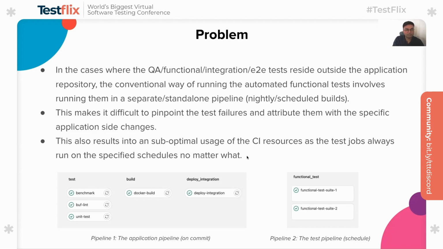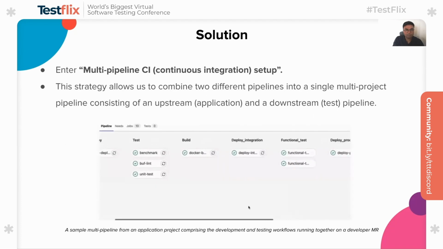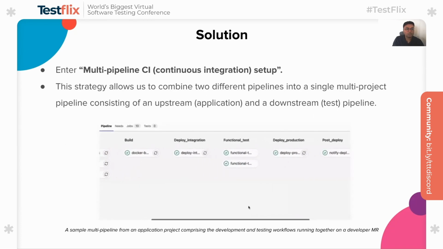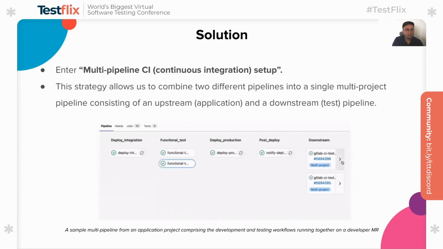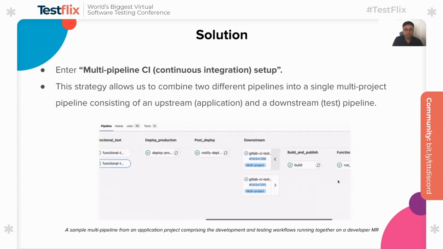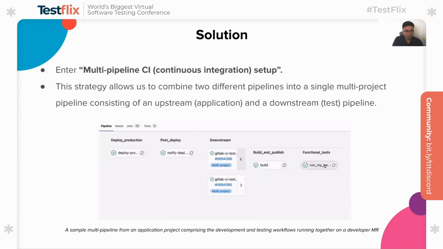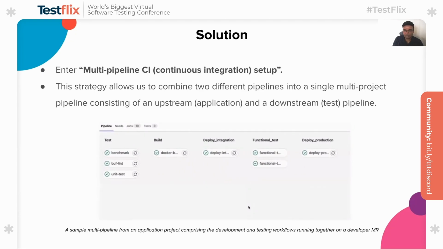But then how do we address this problem? One of the ways to go about this problem is using a multi-project CI setup, right? Such a strategy will allow us to combine two different pipelines into a single multi-project pipeline, right? In this animation, you can see that there are two different pipelines that have been combined to look like a single pipeline, right?